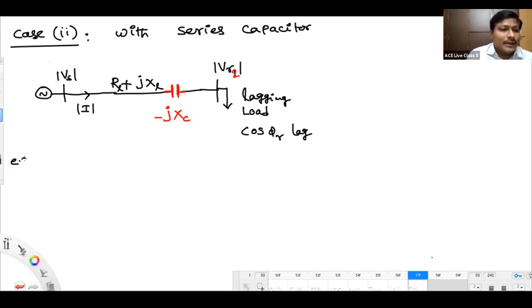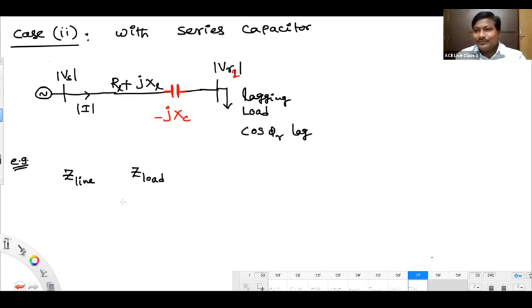For example, this line impedance is Z line, and the load impedance I am calling Z load. Kindly observe. We have a line impedance of Z line and a load impedance of Z load. How will that line impedance value compare to the load impedance?